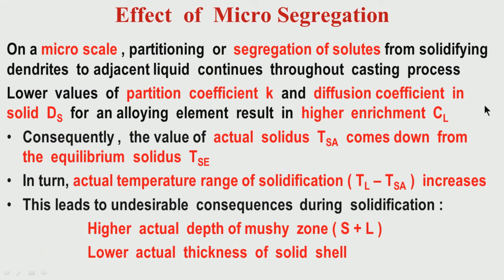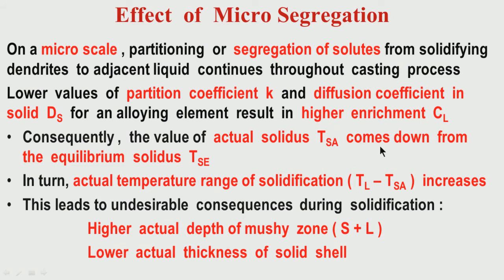Because of that, lower is the value of k and lower is the diffusion coefficient of that particular element in the solid, which we call back diffusion. Because of these two lower values, Cl is increasing, that means segregation is more, and the more the segregation, the lower the actual solidus becomes. So, the difference between TAC and TSA, that means the equilibrium solidus and the actual solidus, becomes more.